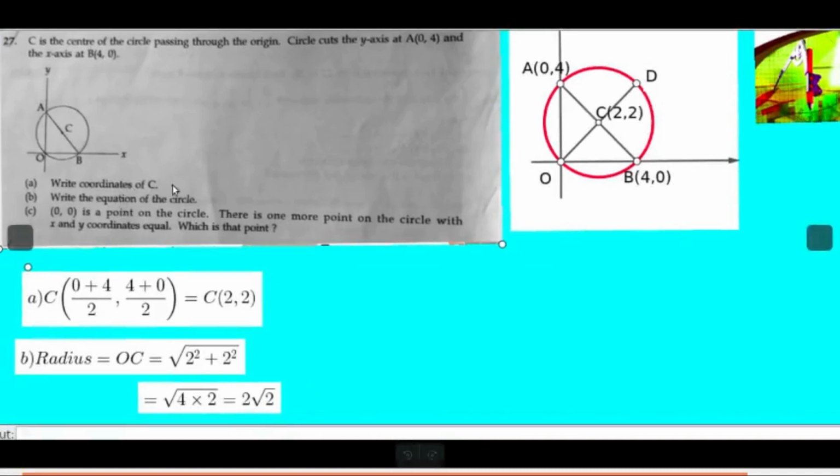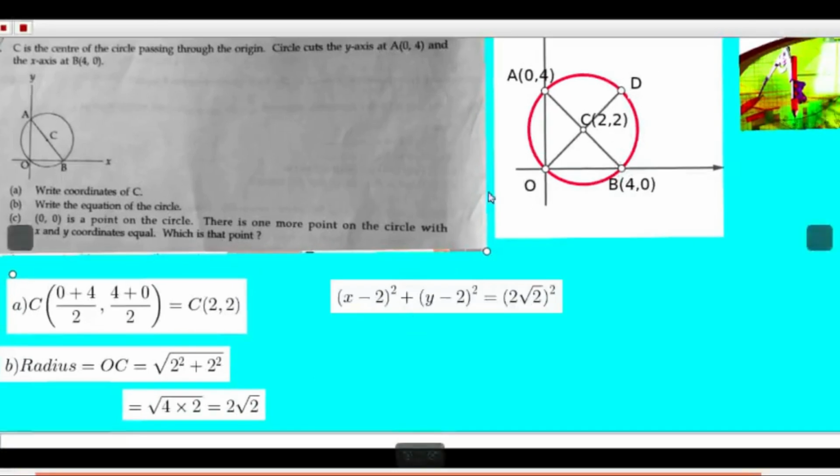We have to find the equation of the circle. We take an arbitrary point (x, y) on the circle, then (x minus 2) square plus (y minus 2) square is equal to r square, that is 2 root 2 square.